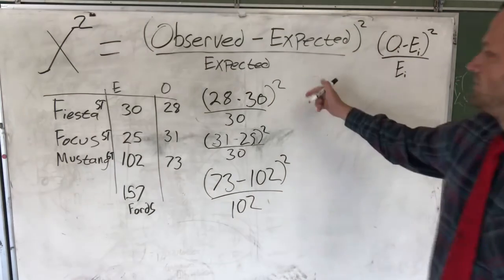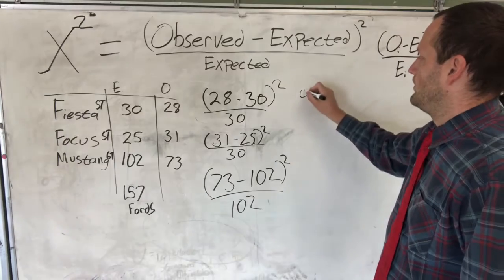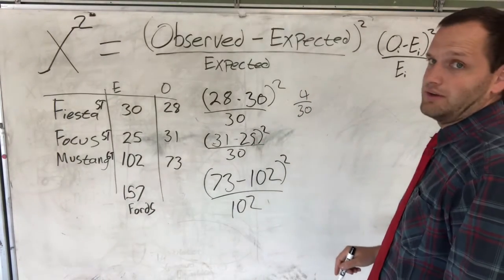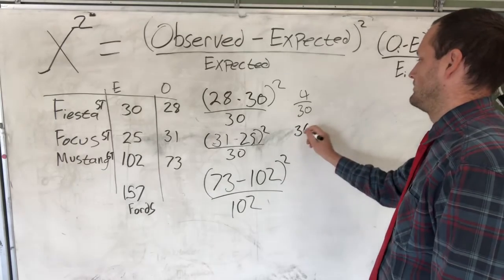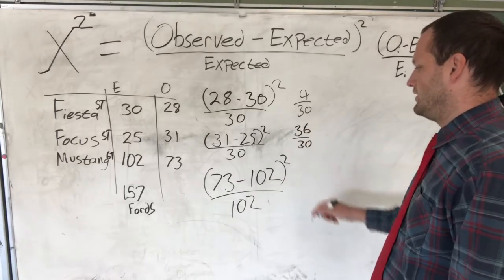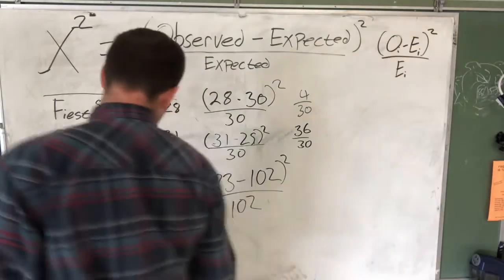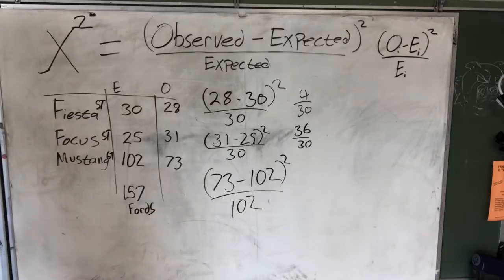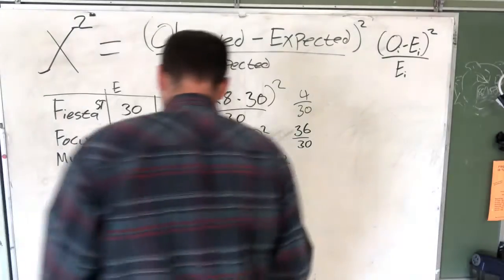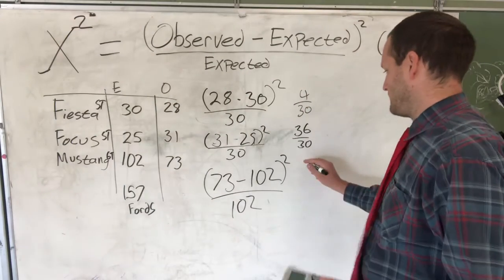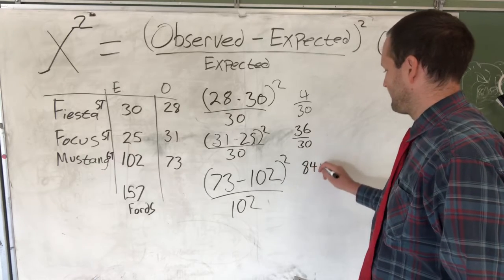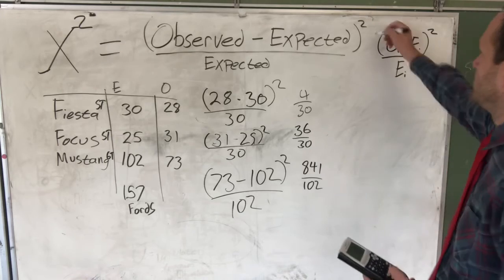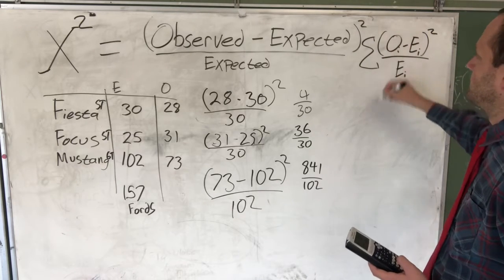Well, we do this, and that'll give us 4 divided by 30. Here we've got 6 squared is 36 divided by 30. And here we've got 29 squared, that's going to be a big number. 29 squared is 841 divided by 102. Technically there should be a sigma here. It's the sum of.